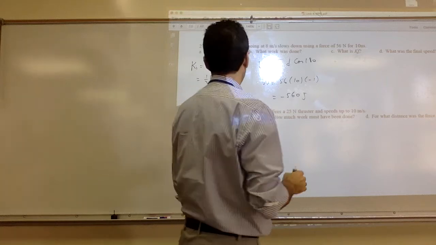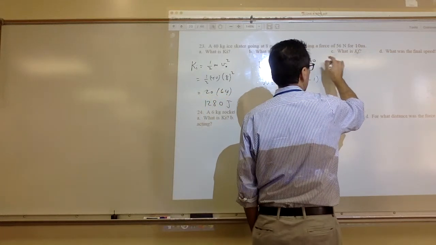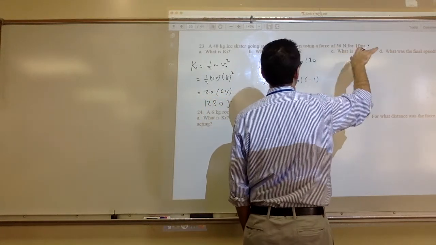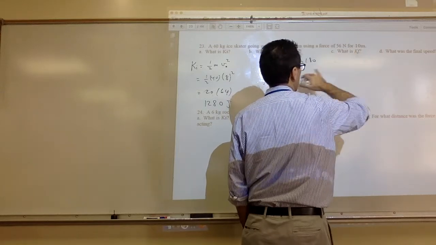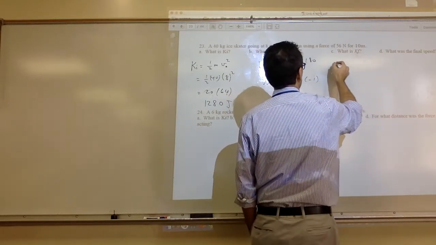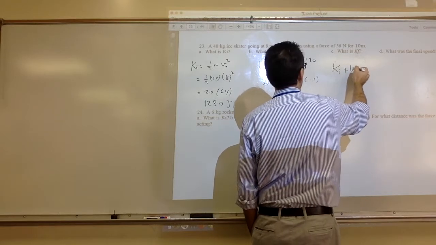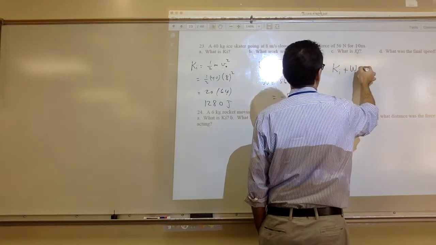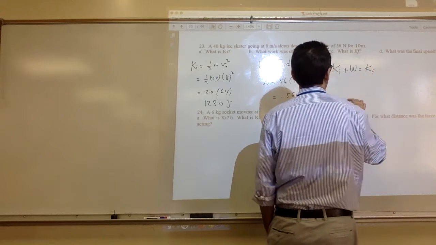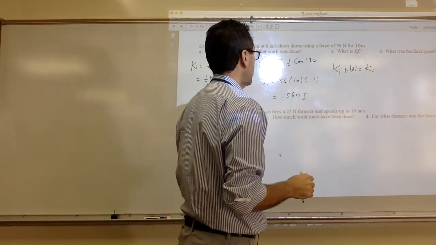What is the final kinetic energy? It doesn't say that it's going up a hill or down a hill, so we're going to assume that it's on level ground. So the kinetic energy initial plus any work done on the ice skater equals the kinetic energy final. So that's the work-energy theorem.